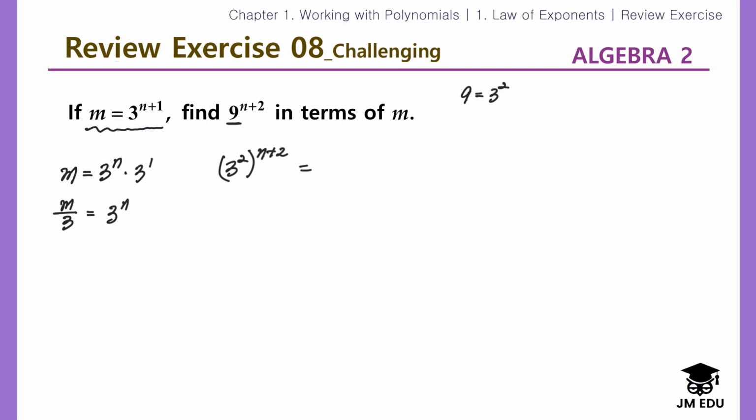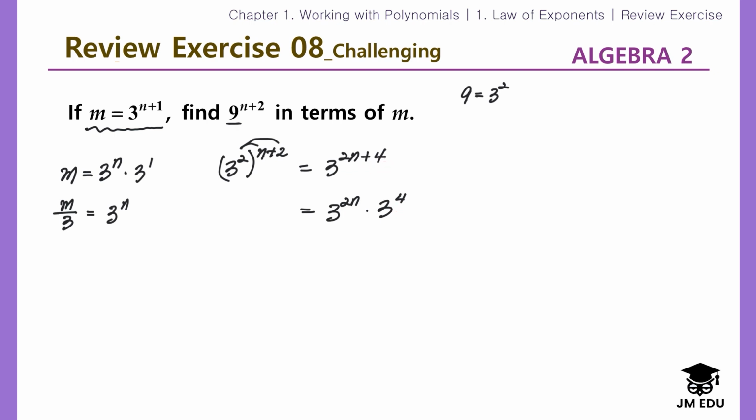So I'm going to distribute it. 3 to the 2n plus 4, right? So that is equal to 3 to the 2n times the same base 3 to the 4, right? Same base multiplied together, then we add these two.